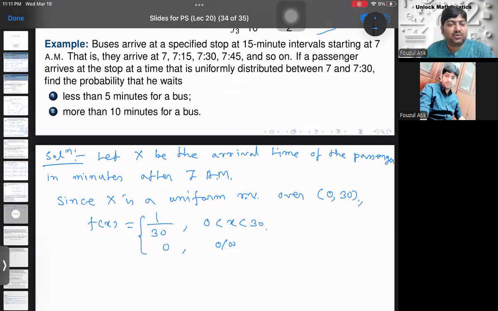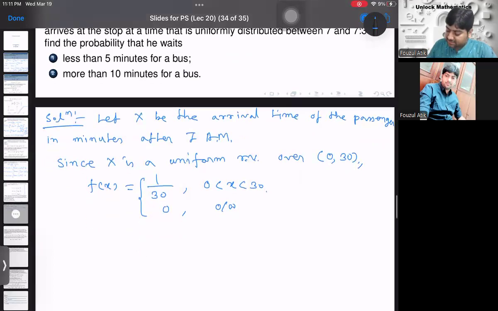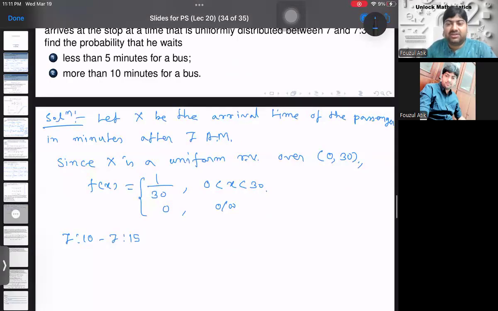So if the passenger is coming between 7:10 to 7:15, then only this passenger has to wait for less than 5 minutes, right? Because at 7:15 there will be a bus.